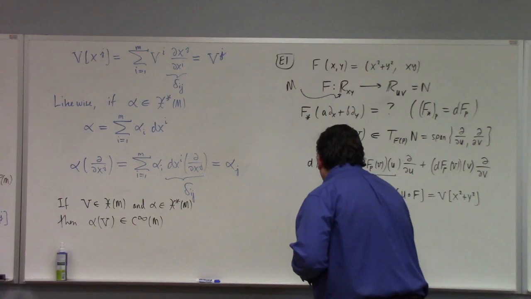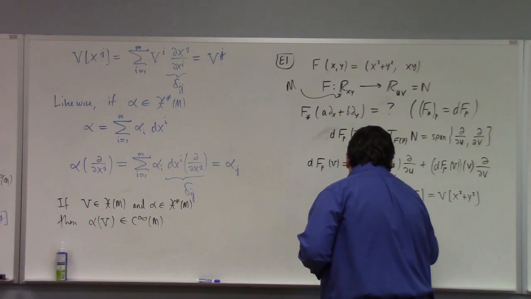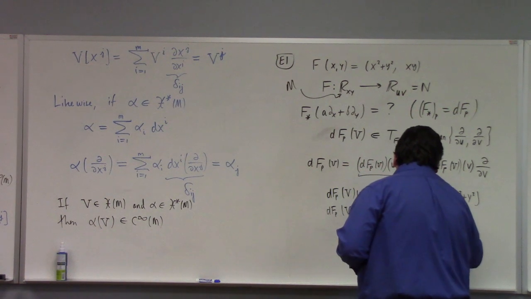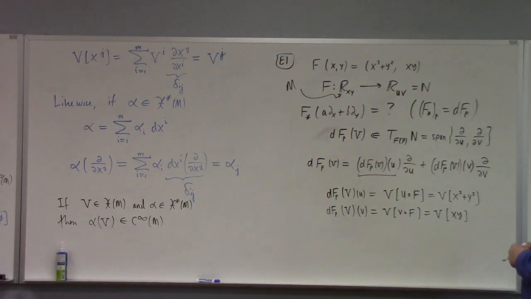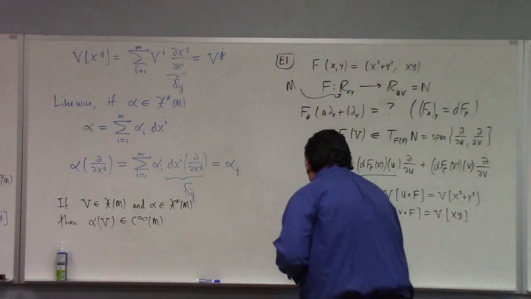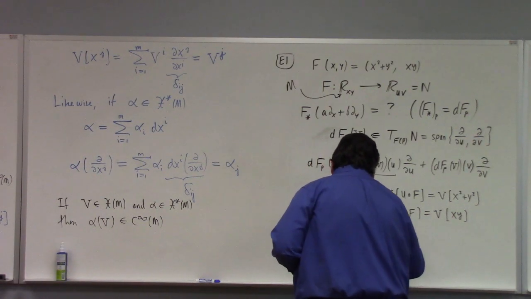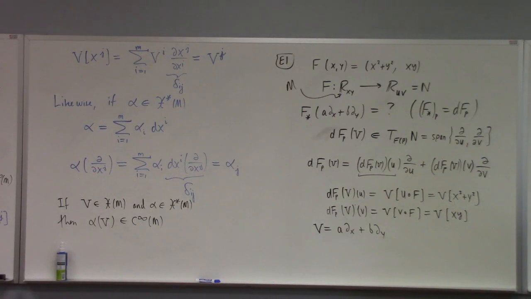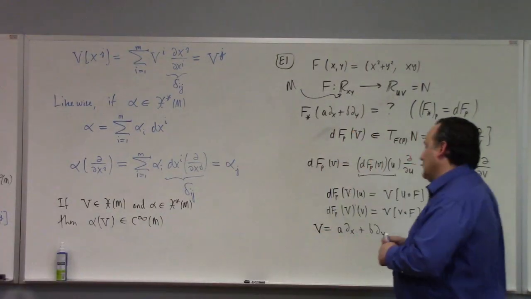On the flip side, dfp of v acting on v, we're looking at v of little v composed with f, which is the second component function, which is xy. Right? My v is equal to a partial x plus b partial y, right? That was given. That's what we're saying.